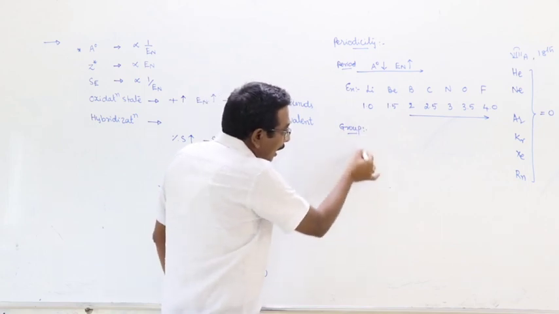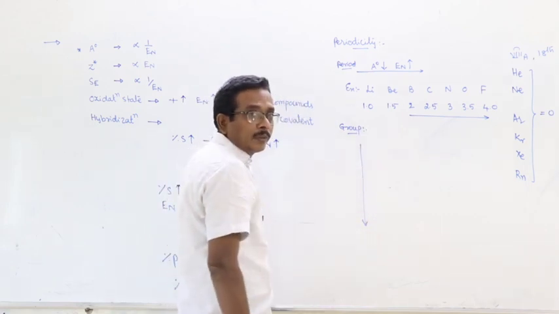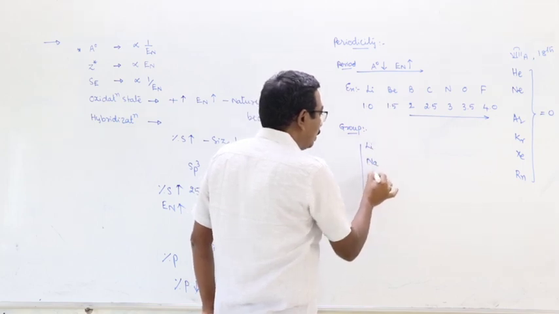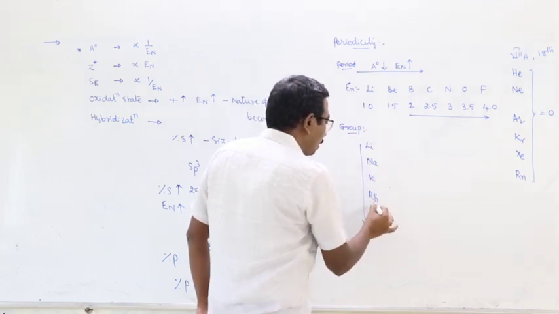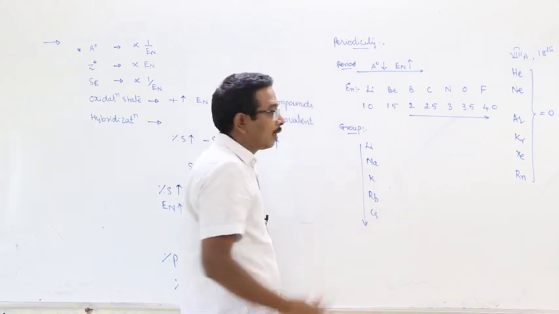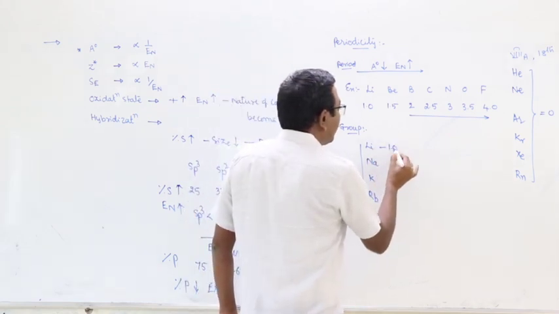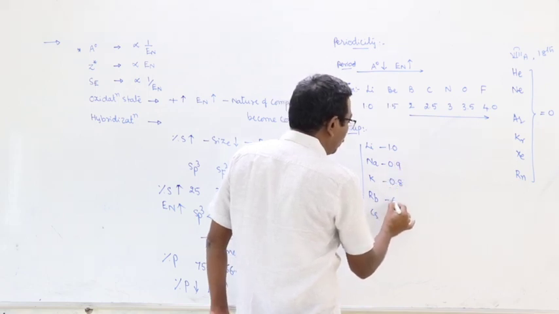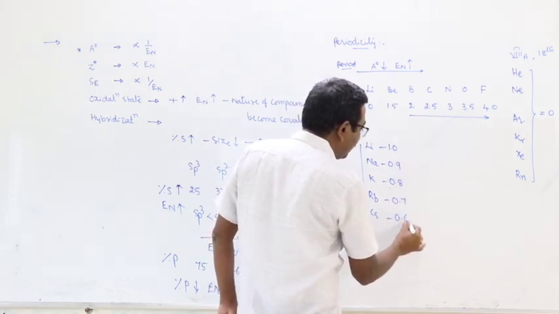In a group, as we move from top to bottom, lithium, sodium, potassium, rubidium, cesium. Lithium electronegativity 1, sodium 0.9, potassium 0.8, rubidium 0.7, cesium 0.6.